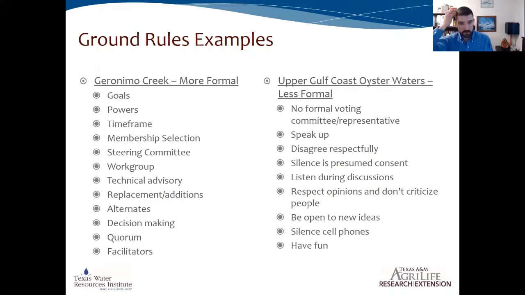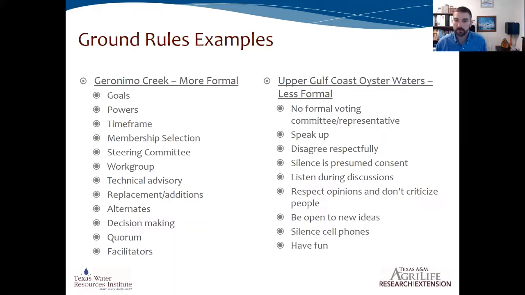So some examples of ground rules that have been used in other watersheds, Geronimo Creek, they basically went pretty formal with their ground rules. They had goals, powers, timeframes, designated people identified by name on who was in that steering committee, who voted, who didn't, things of that nature. And then on the other side, you have the upper Gulf Coast oyster waters.